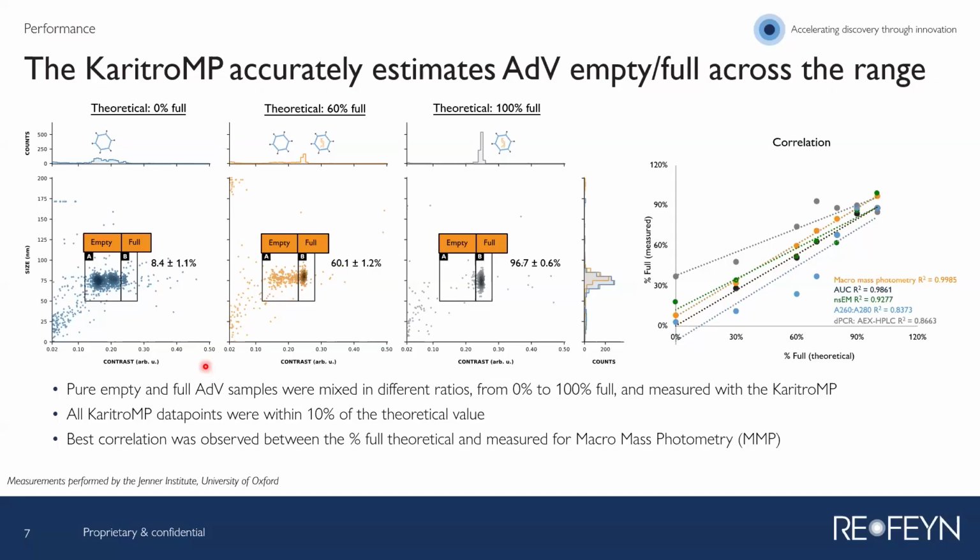As you can see from the plot on the right, mass photometry, highlighted in orange, has the best correlation fit between the theoretical calculated percentage full versus the percentage full measurement coming from the equipment itself.